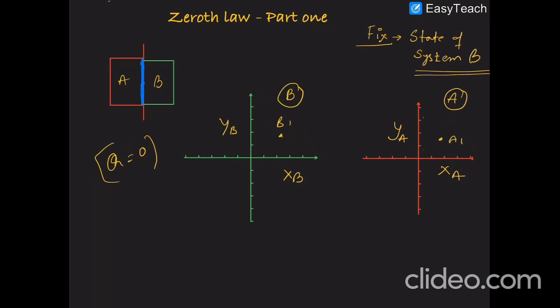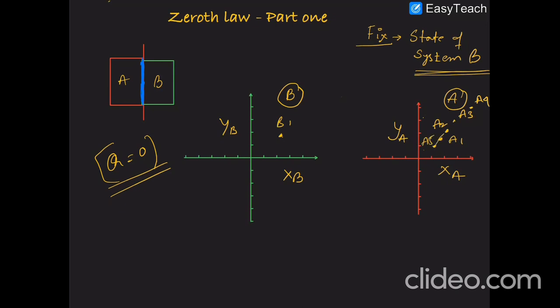Now we are interested to fix the state of system B and see the different states of A for which there will not be any heat transfer. As we have fixed B, and A and B are separated by a diathermic wall, we will find the different states of A. Suppose such states exist, like A2, similarly A3, A4, maybe A5.